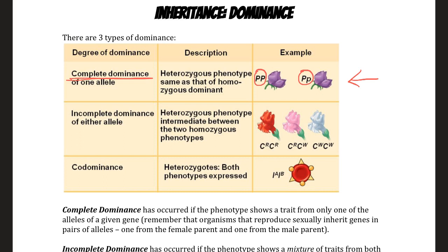Now, there are two other types of dominance out of the three types of dominance that we haven't talked about so far. So this is the new stuff. The first one is called incomplete dominance.